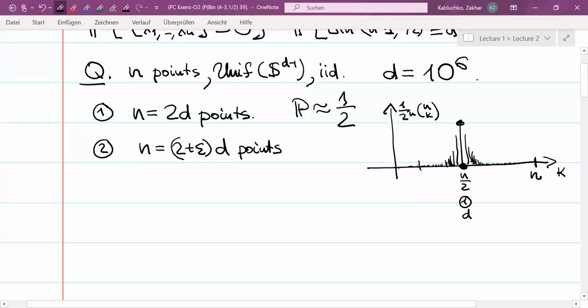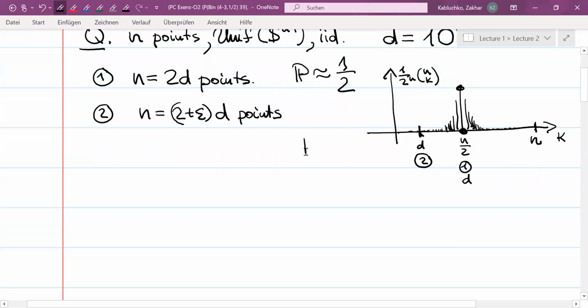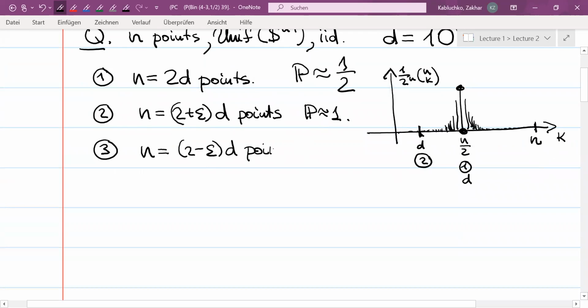So d is somewhere here in case 2, and we sum everything to the right, so the probability is 1. And finally, if n is equal to 2 minus epsilon times d, then we are here, and we sum everything to the right, and it is almost nothing. So the probability is 0.